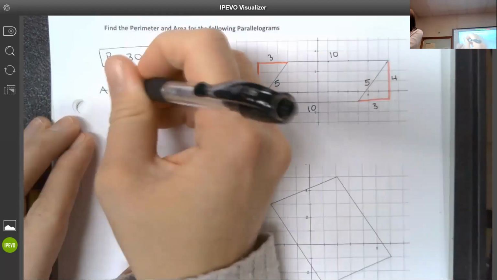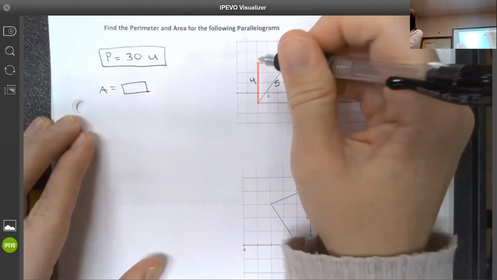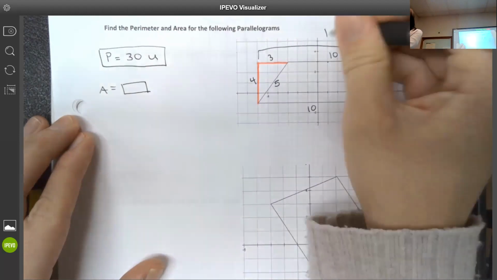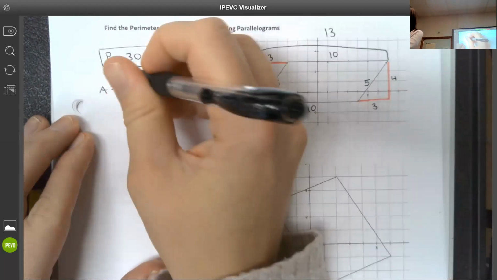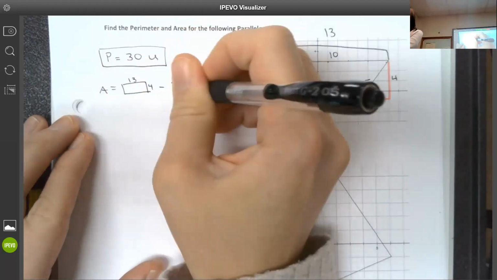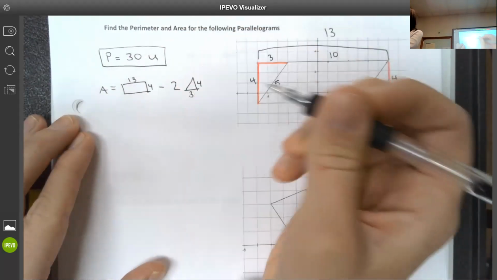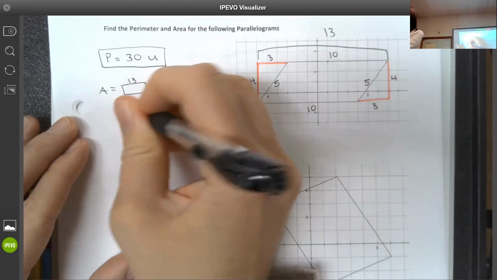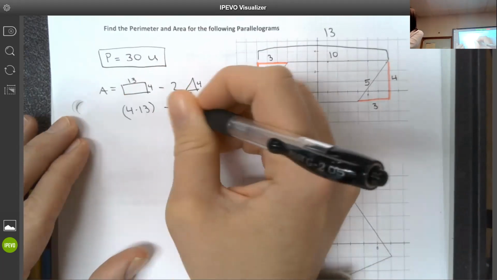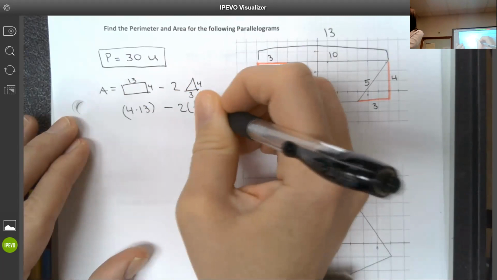Then for my area, I have this rectangle that's 13 by 4, and I'm going to subtract 2 triangles that are 3 and 4 for my legs. So I'm going to have 4 times 13 for the area there, subtract 2 times 1/2, 4 times 3.